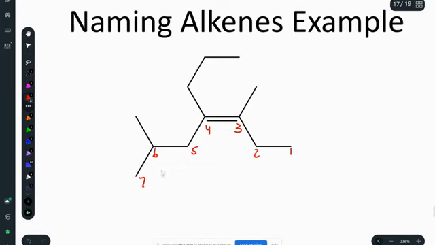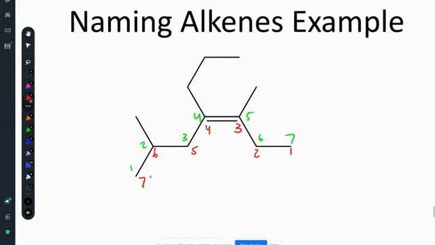All right, so I have my 7-membered chain. If I number it the other way, then my double bond would be from carbon 4 to 5. If I number it right to left, then my double bond is between 3 and 4. So I'm going to go with the red numbers here, where my double bond will be on carbon 3, between 3 and 4.